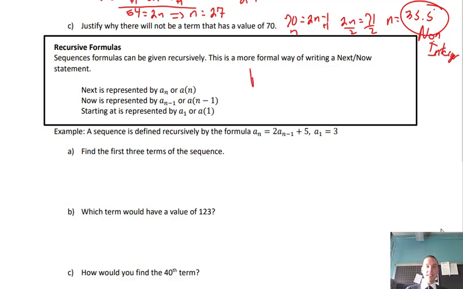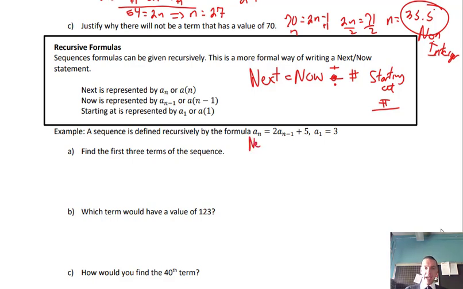Remember that the formula is written as next equals now, some operation, usually plus or minus or multiply, of a number. And then you have starting at a value, which is another number. The a of n is the next. The now is represented by a sub n minus 1. And then the starting at value is represented by a sub 1.